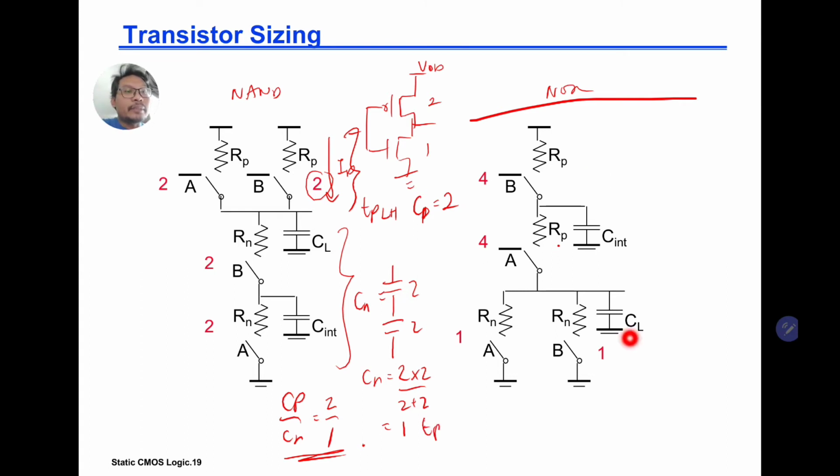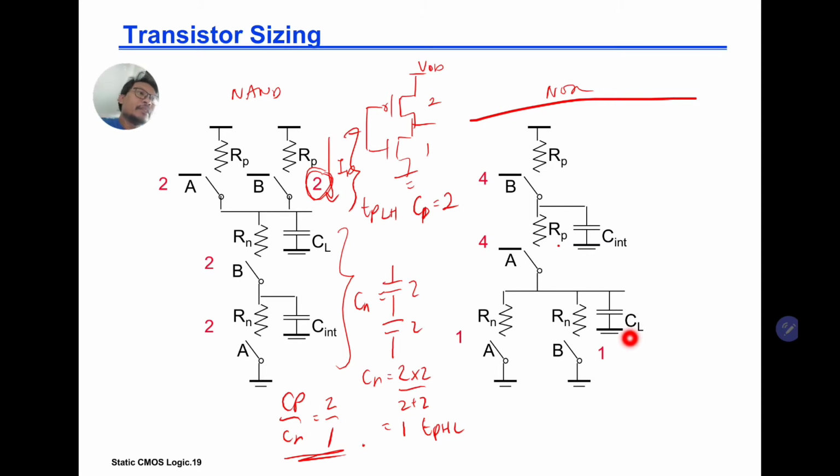This is for your TPHL, discharging. So the effective size for discharging is 1, and the effective size for charging in the worst case is just 2. Then your ratio of the PMOS and NMOS is 2 to 1, and we should get roughly the same TPLH and TPHL, with VM roughly in the middle.